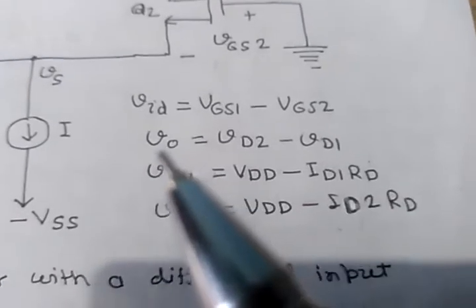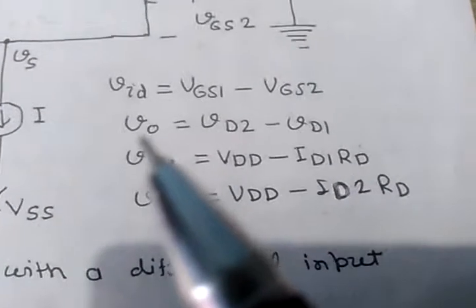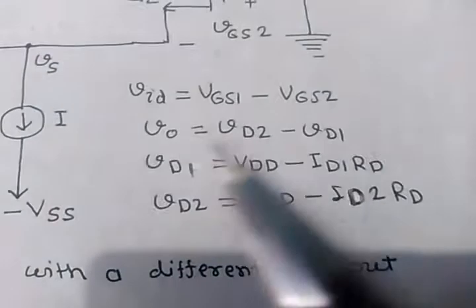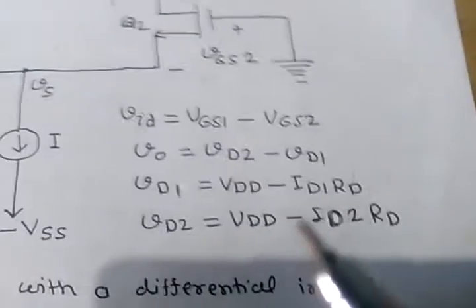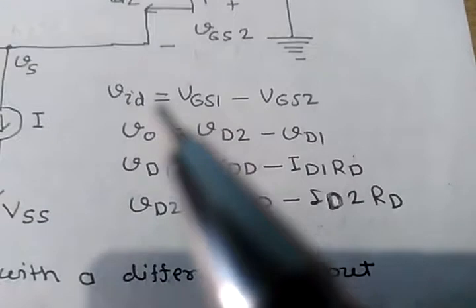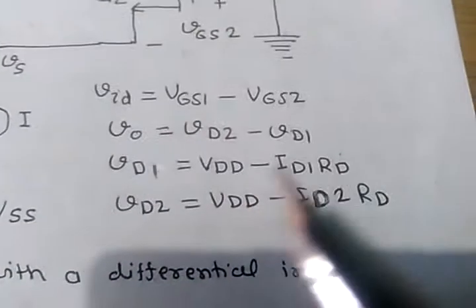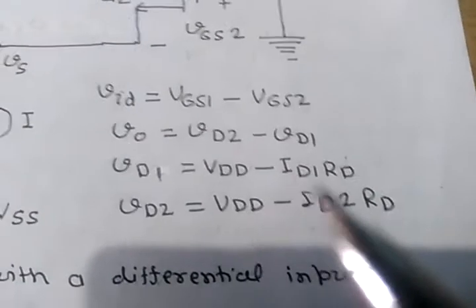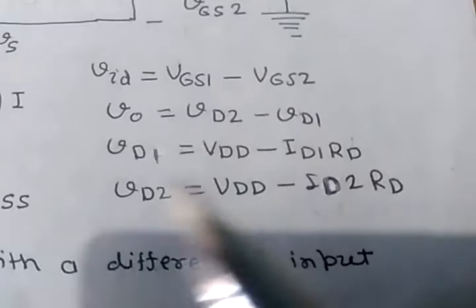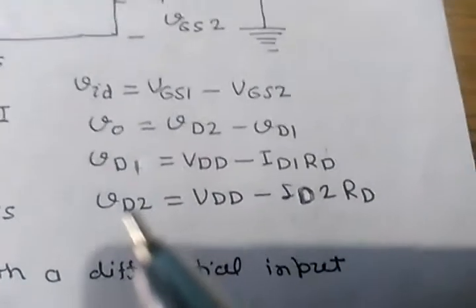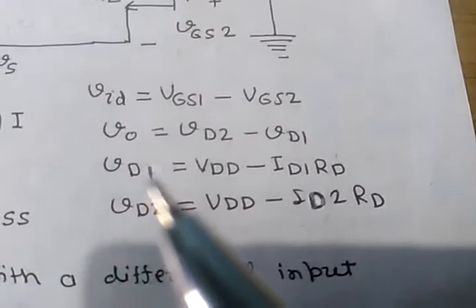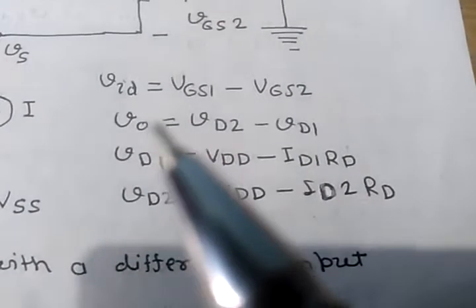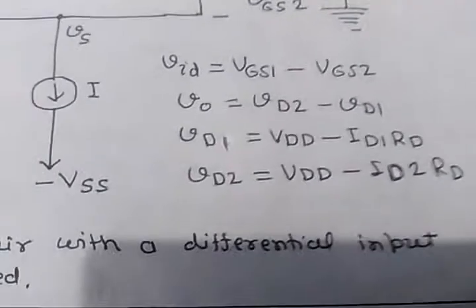I am taking the output differentially in the manner VO equals VD2 minus VD1. So when VID is positive, ID1 will be greater than ID2, so VD2 will be greater than VD1. In this case, the output voltage will be positive.